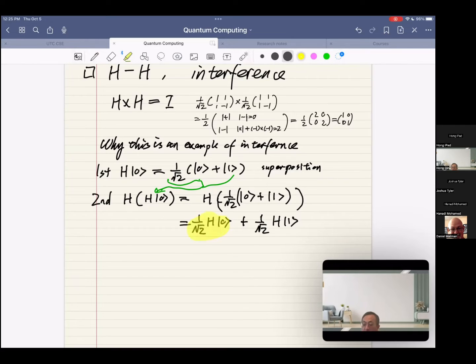But this time we have a second term, which is not ket 0, it's actually applying the Hadamard gate on ket 1 now. The second term is a bit different. It turns out, well, the first term we already know.